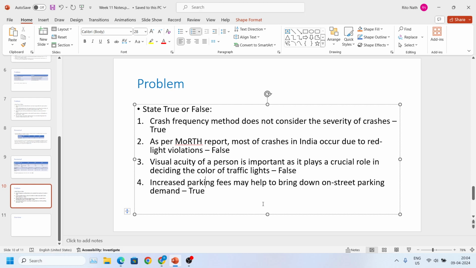So visual acuity and field of vision. I think in slide 19 or slide 100, whatever you open in this week's content, these vision characteristics are mentioned: visual acuity and field of vision. This is a key criterion in determining placement of traffic signs. Color vision is something different. That is the key criterion in determining color of traffic signs. Those two are different things. That's why it is false. If you go back to the slide, you will be able to see.